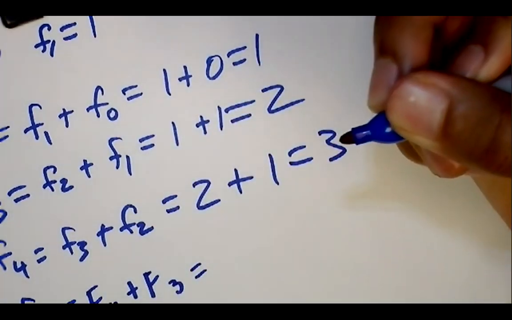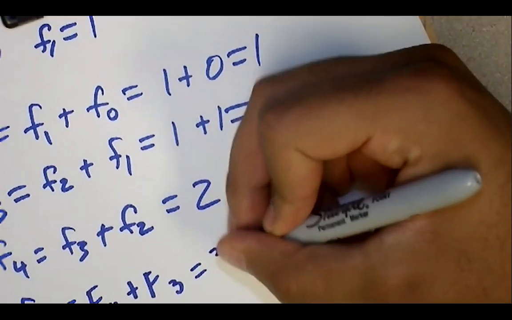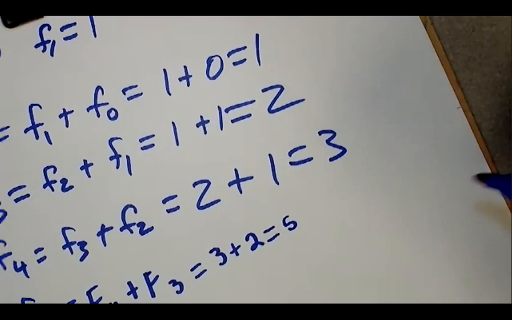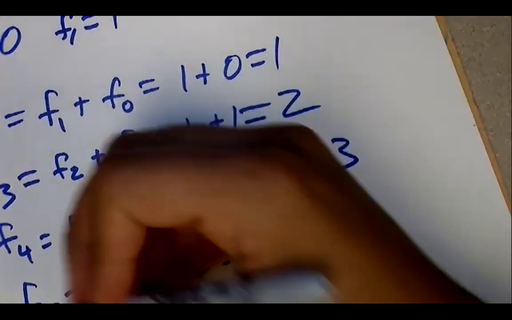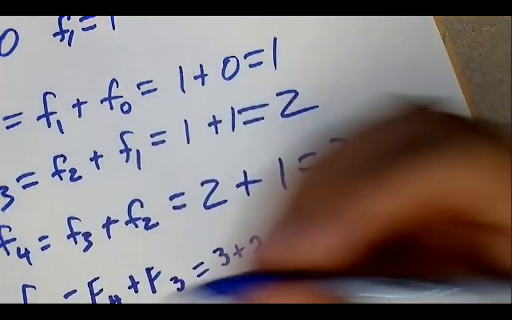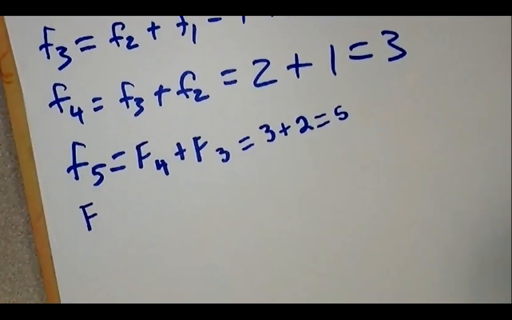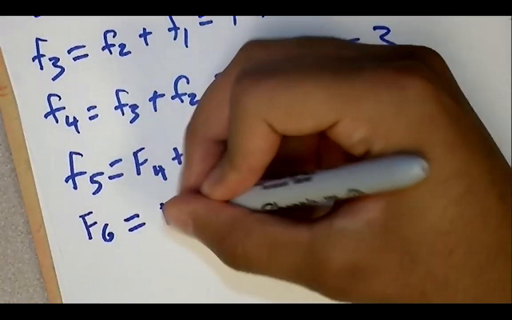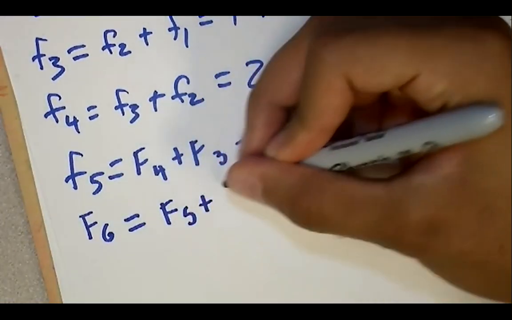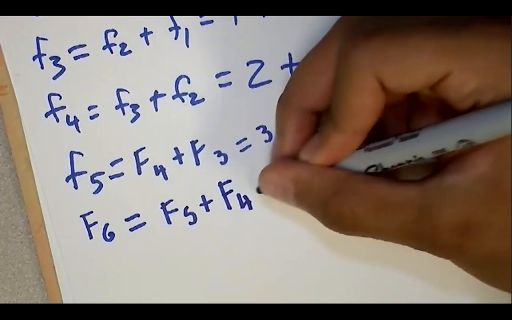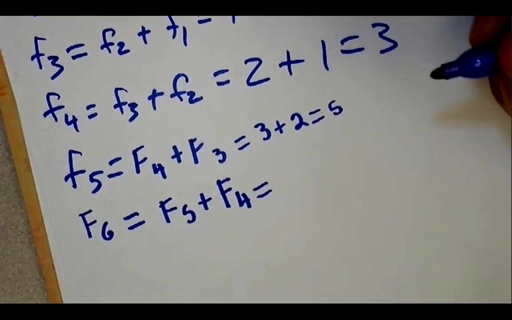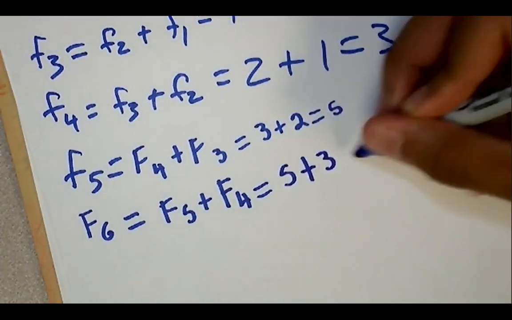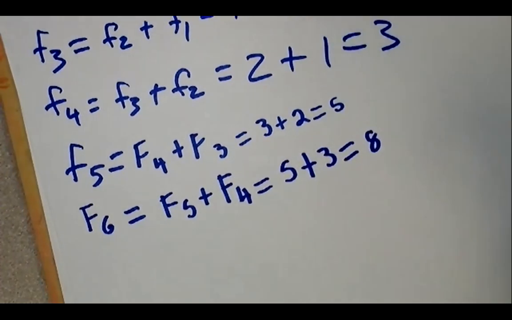F of 4 was 3 plus 2. Right. Good. Now do f of 6. And you might slide your paper just a little bit so you can, there you go. And then f of 6 is f of 5 plus f of 4, which gives you 5 plus 3, which equals 8.